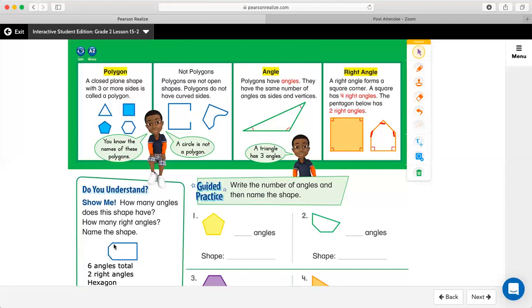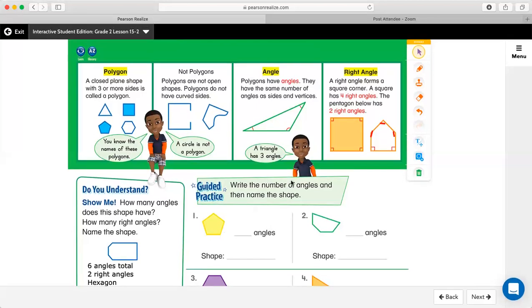This is an angle here, 1, 2, 3, 4, 5, 6, and out of those 6 angles, 2 of them were right angles down here at the bottom. 1, 2, okay, and so 6 sides, 6 vertices, 6 angles, that would be a hexagon.